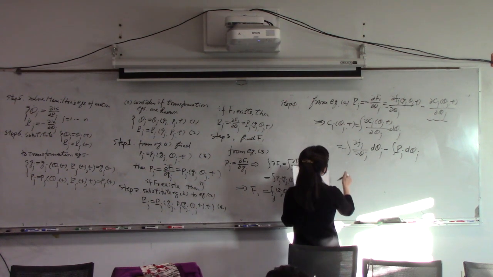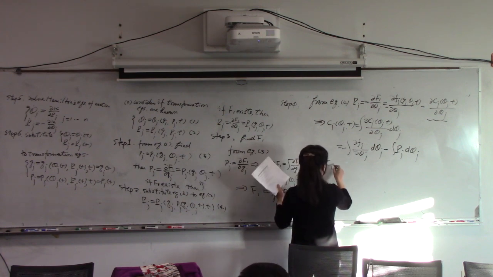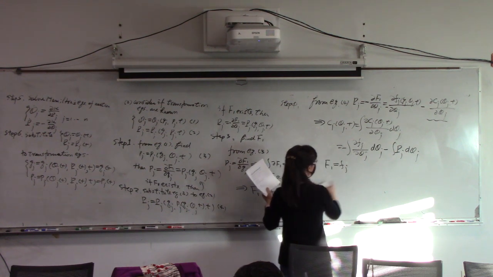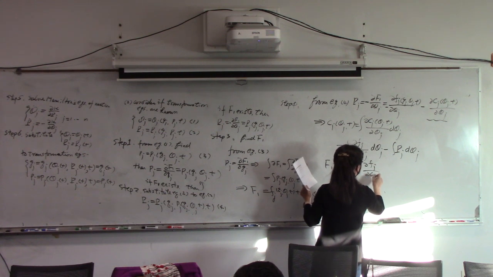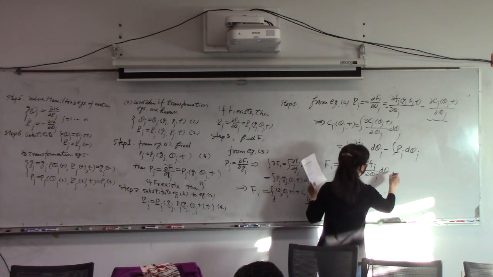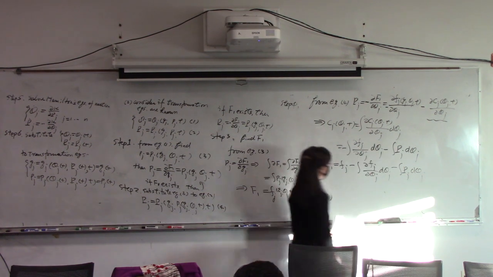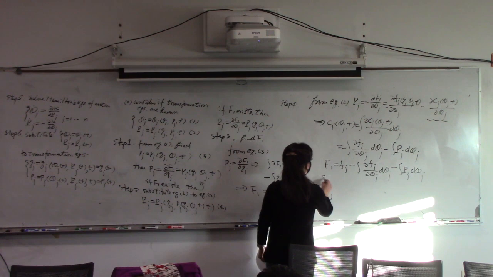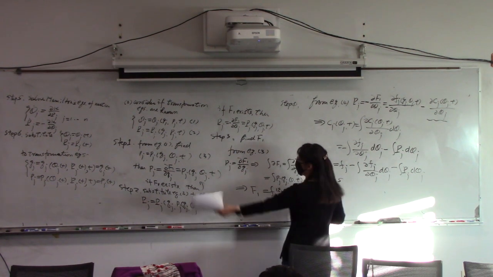Then finally, I'm going to write down here, f1 is a function of fj, and this is partial fj partial Qj dQj minus Pj dQj. That is f1.